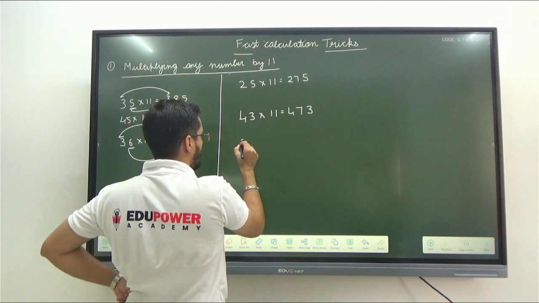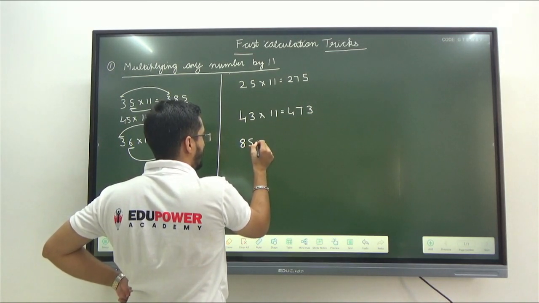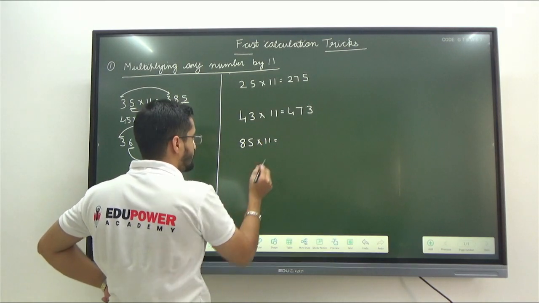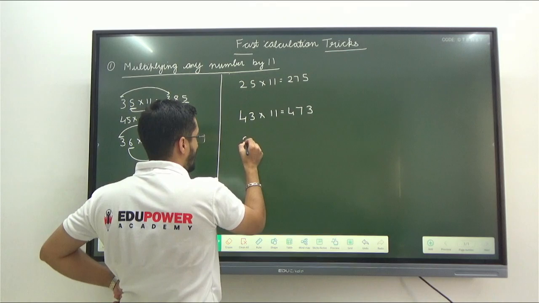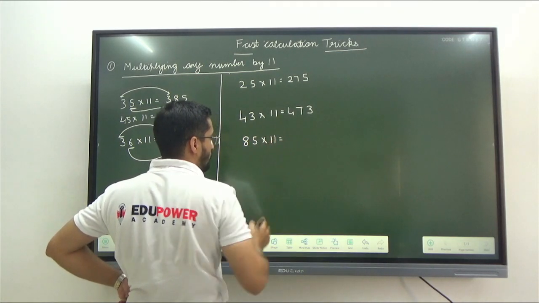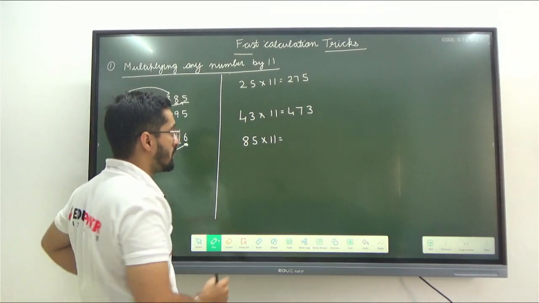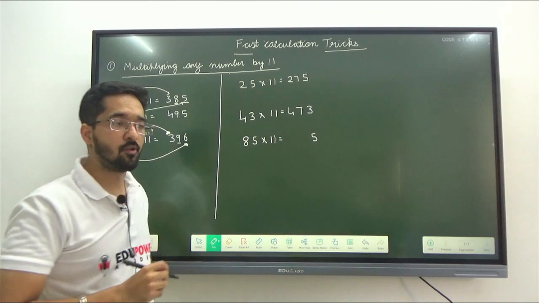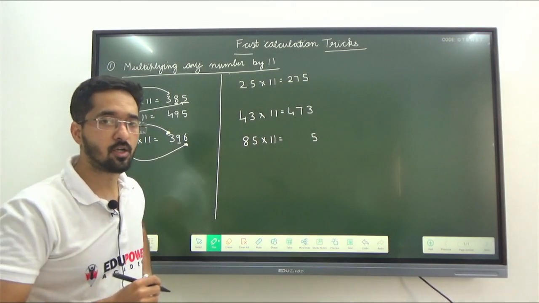For example, I have to find 85 into 11. How do I find 85 into 11? I write 5 here. Then I do 8 plus 5. What is 8 plus 5? 8 plus 5 is 13.